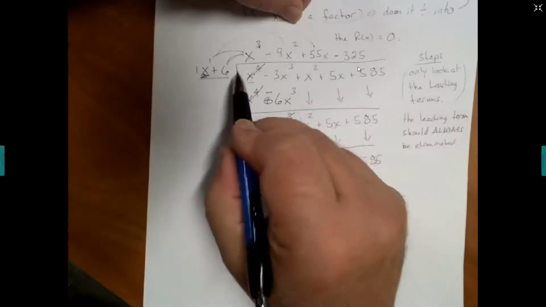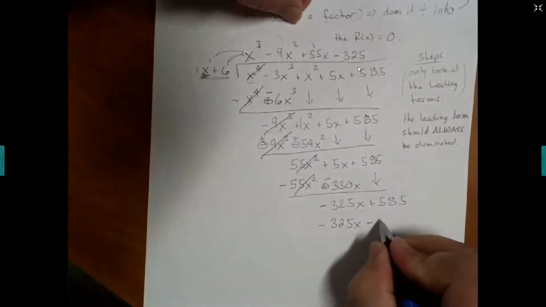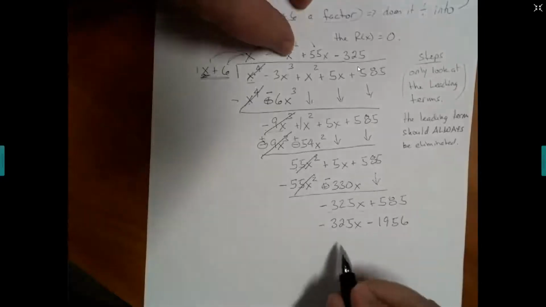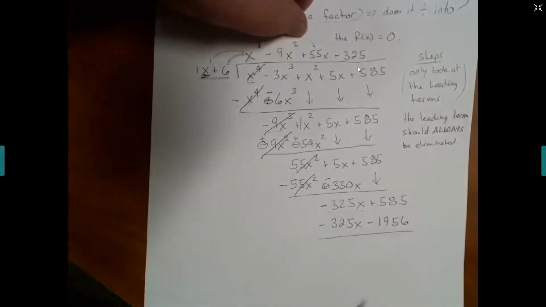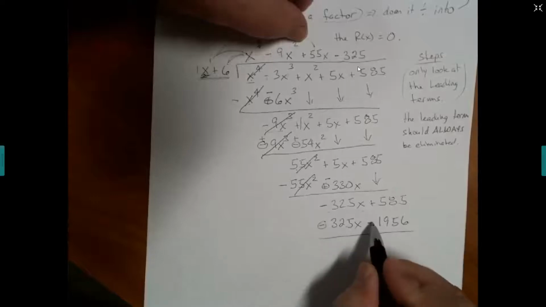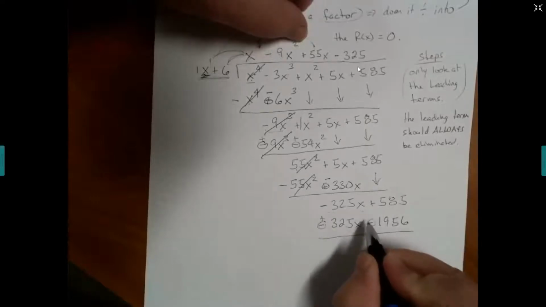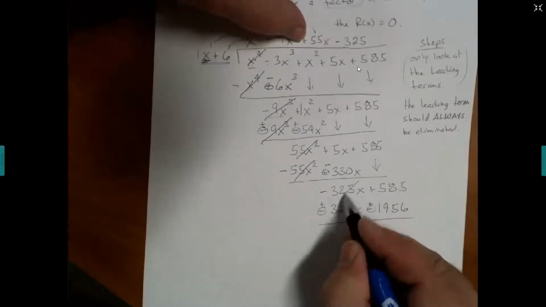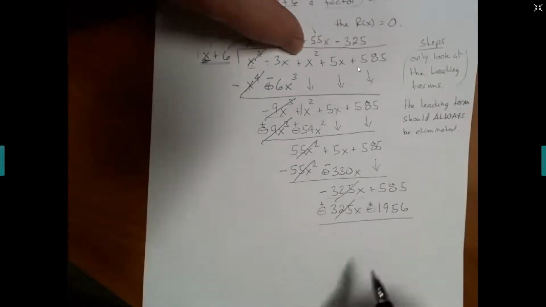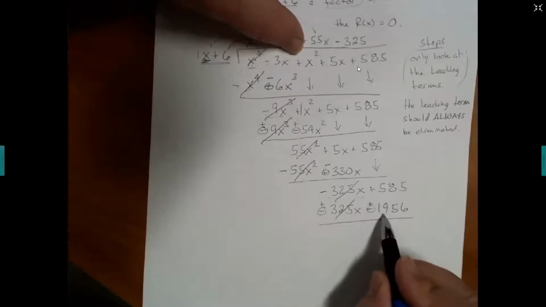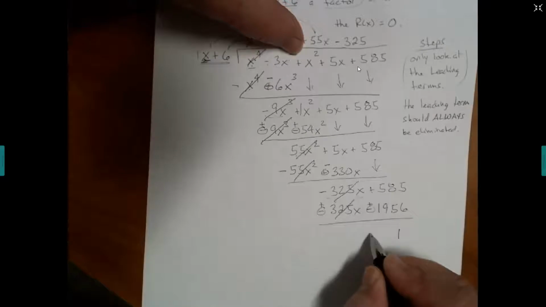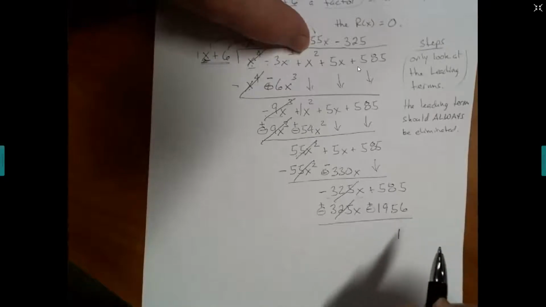Negative 325 times 6 is negative 1956. Change the signs and add. So negative and positive, they cancel. Here I have positive 956 plus 586. It has to be positive, it can't be negative.